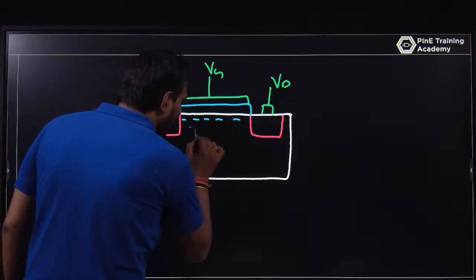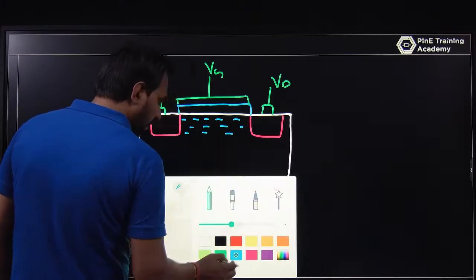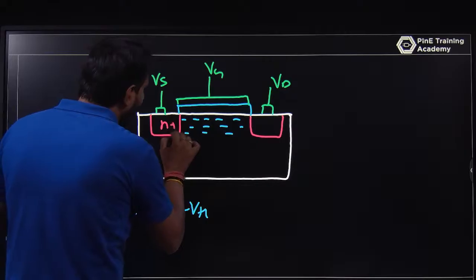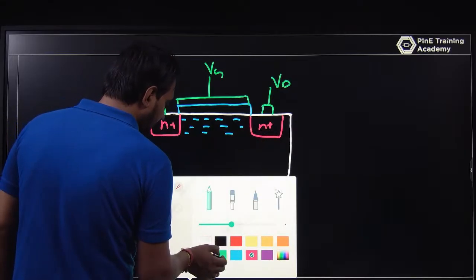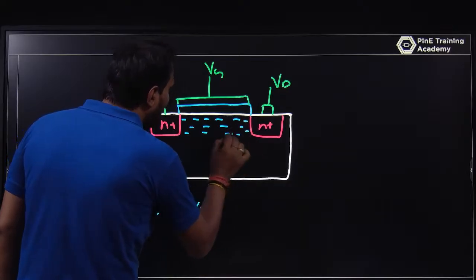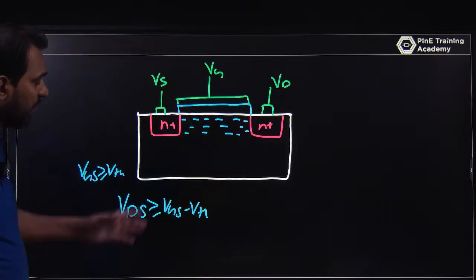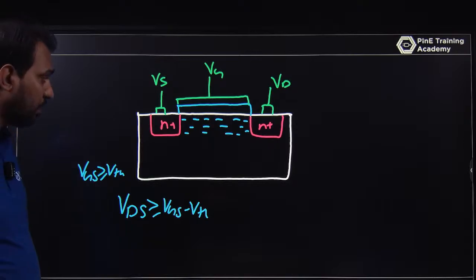Firstly, you have a channel. As per VGS greater than or equal to VTH, the channel is present, and the electrons are present here in between N plus and N plus.